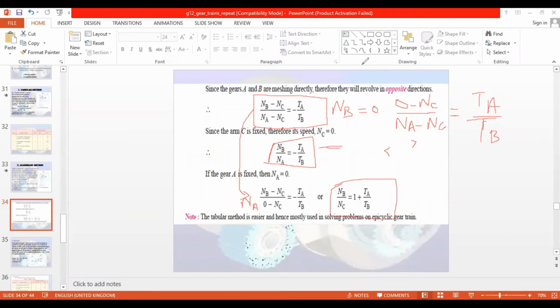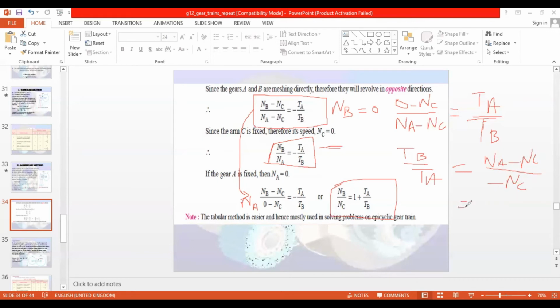So from this, you can have NA minus NC by, and this way TB. And then if you solve, I will take TB upon TA equal to, I'm taking it upside down, NA minus NC upon minus NC. So here TB upon TA is equal to minus NA upon NC plus 1.